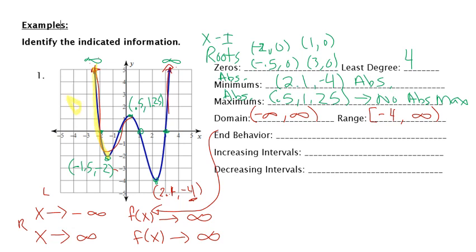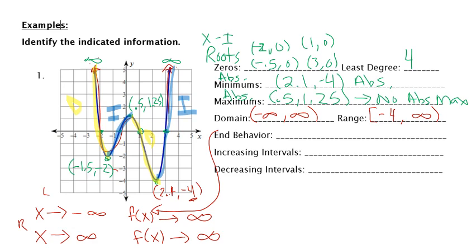And then I would see at this interval, when I go back up, this is increasing. When I go in the other direction, this is decreasing. And then when I go back up, I'm increasing. So again, I'm just going from left to right, and when I'm going up or down the graph.